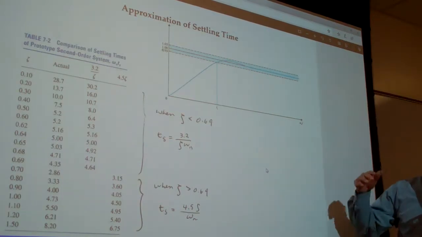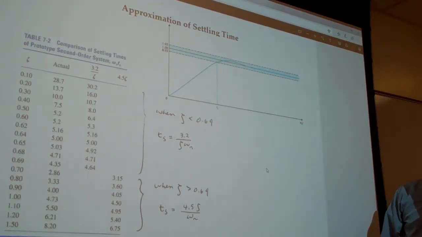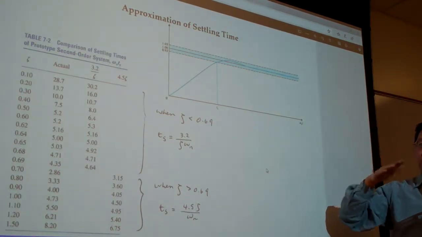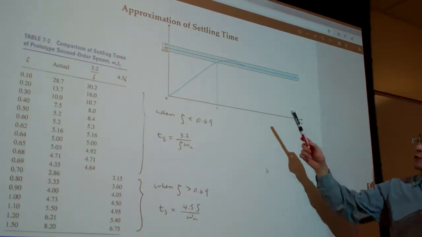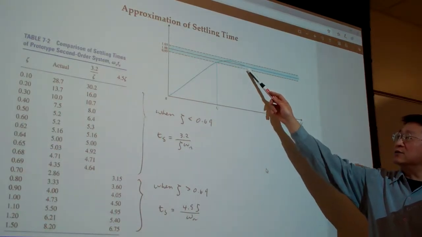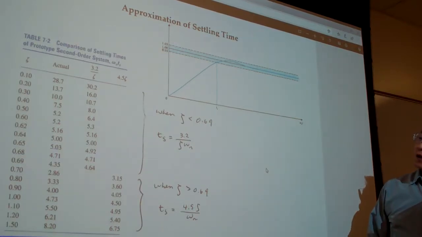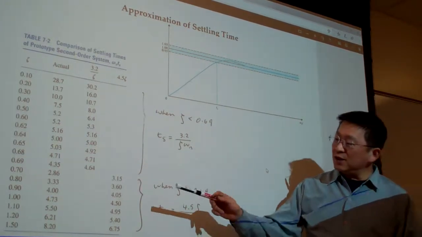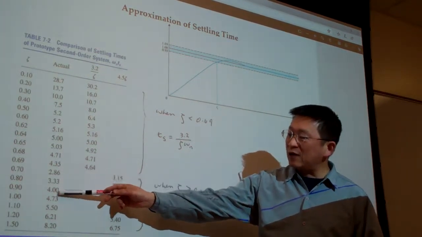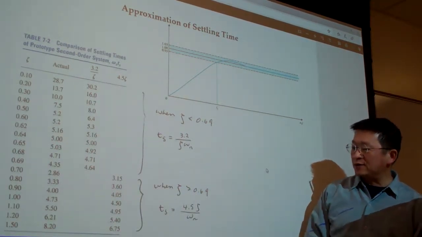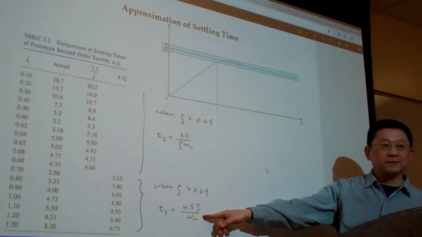When the system has too large damping, then basically we use 0.69 as the boundary to divide the two cases. For a system like this, the damping ratio is greater than this. Okay, and for that case, again the people calculate exact numbers and then try to curve fit, and they found this is the best result here.